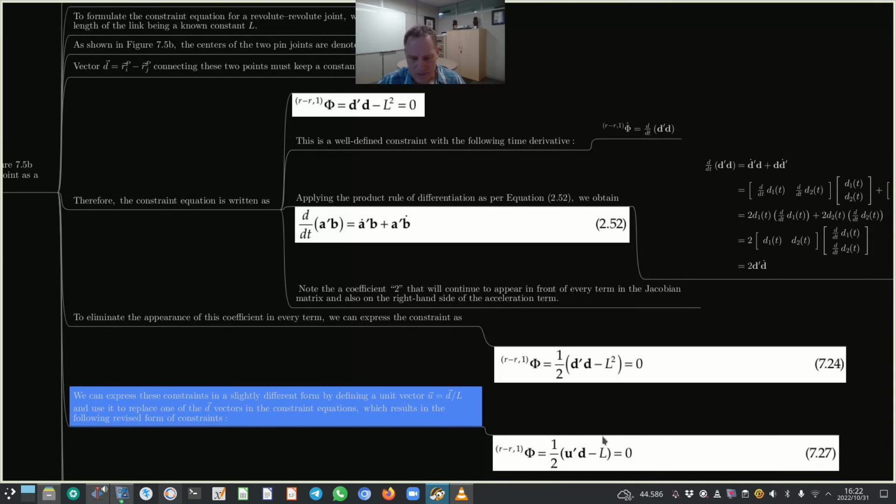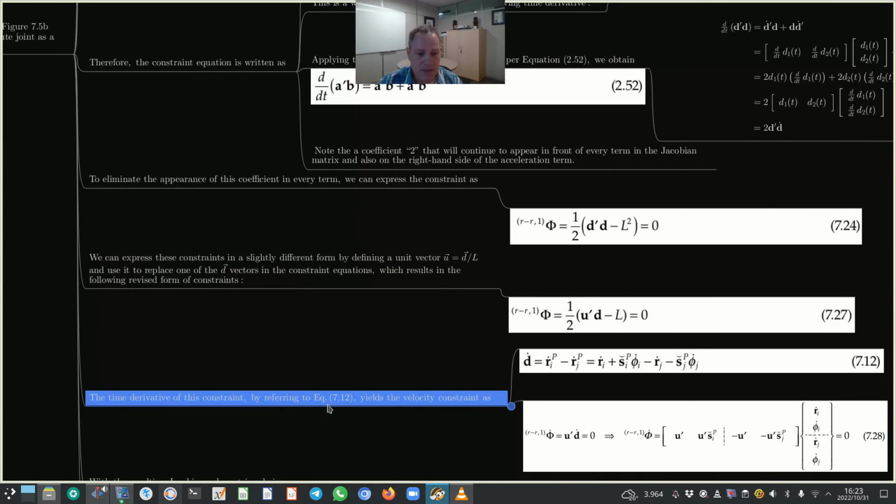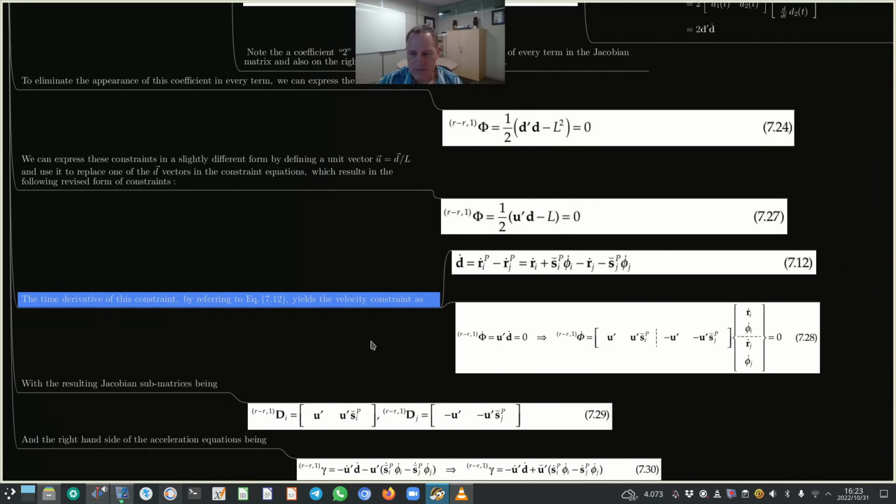So bear with us with all the maths. This is the third revision of the constraint equations. The time derivative of this constraint, referring to equation 712, which I've shown here, is given by equation 728, and this is where we wanted to get to.